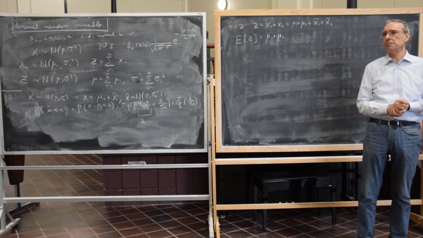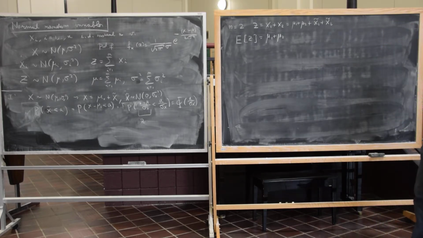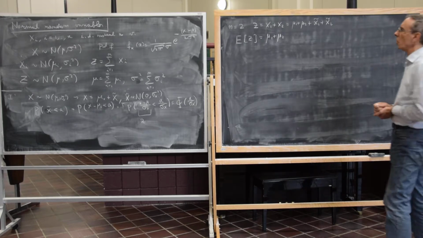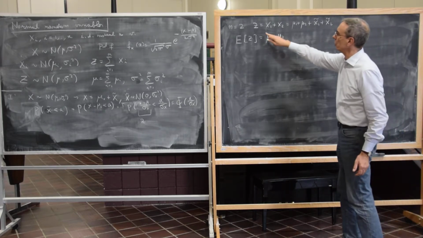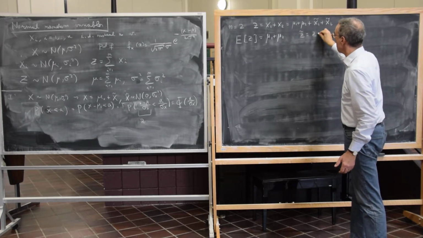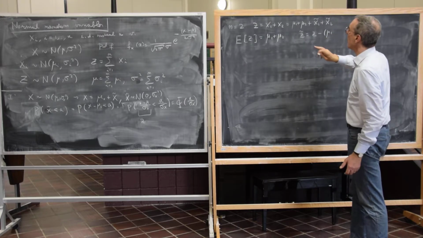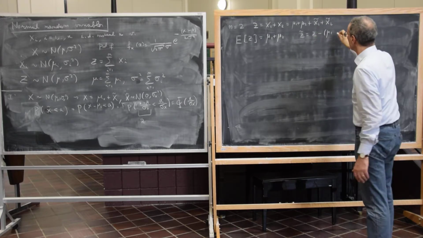This is easy. The hard part is to show that the density function is the one of a normal distribution, and that the variance is the sum of the variances. That's the hard part. So now we have this quantity z tilde, which is z minus mu.